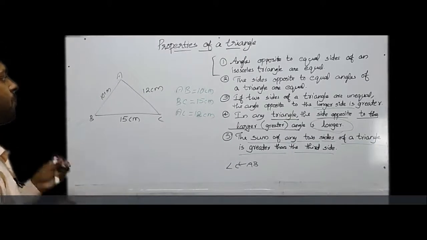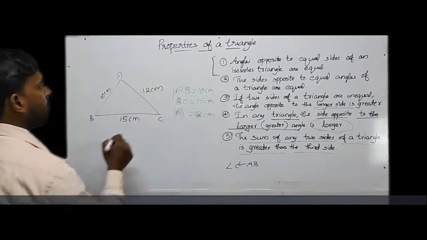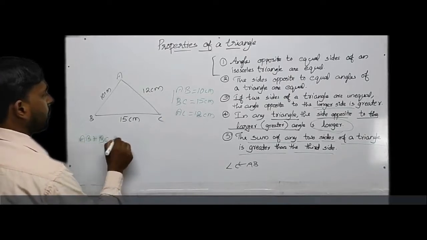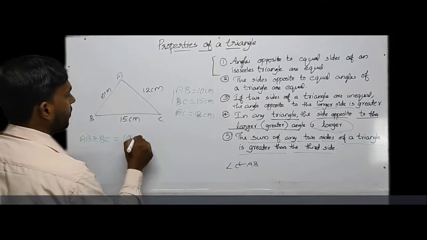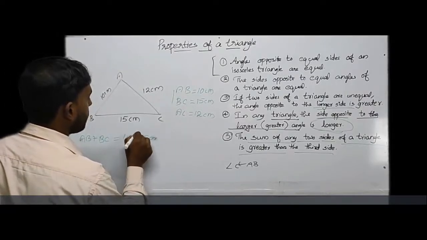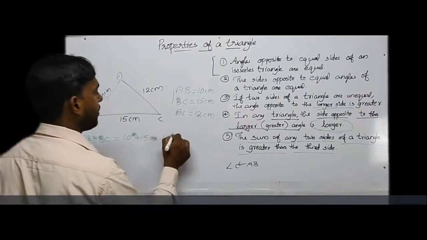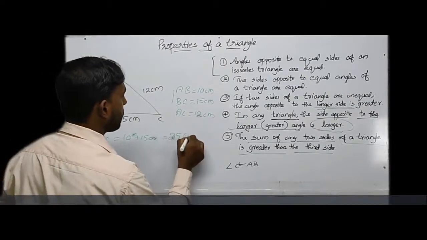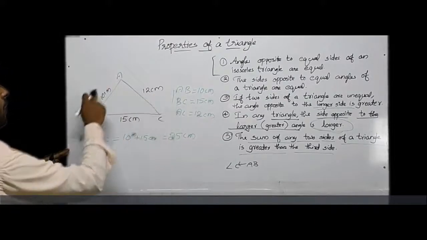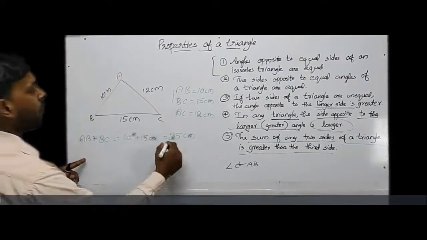So let's take these two sides, AB plus BC. AB is 10, BC is 15 centimeter. So 10 plus 15 is 25 centimeters. When we added these two sides, AB and BC, we got 25.